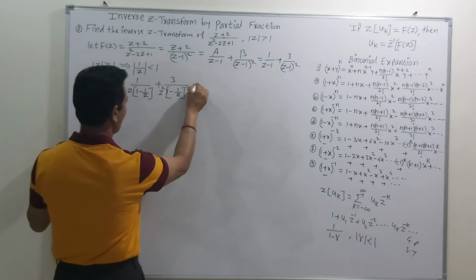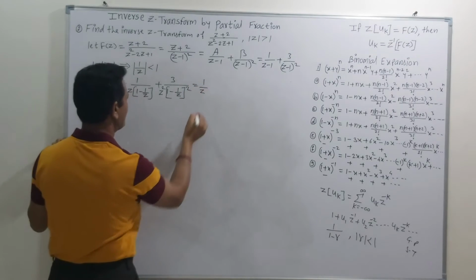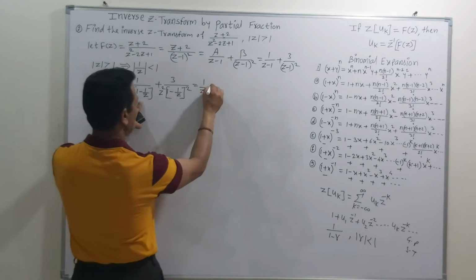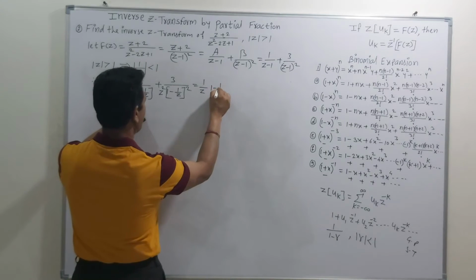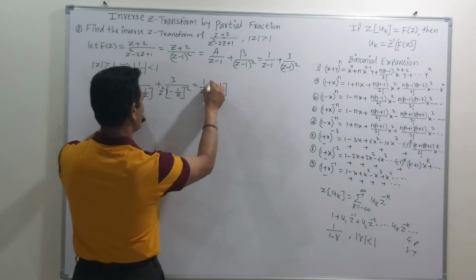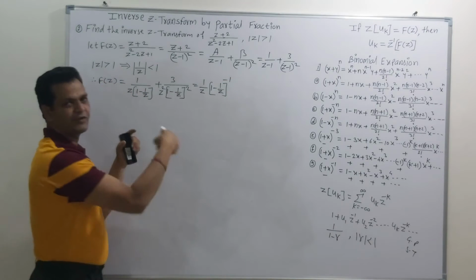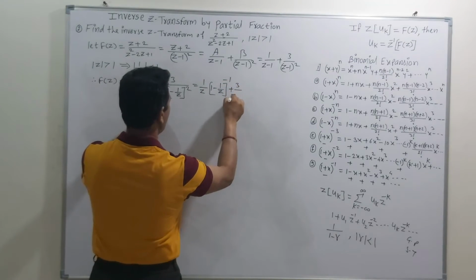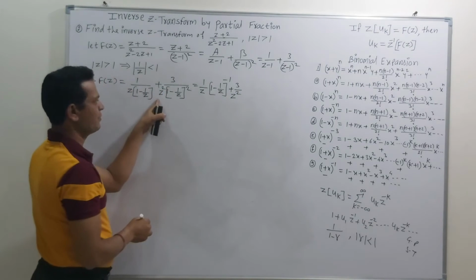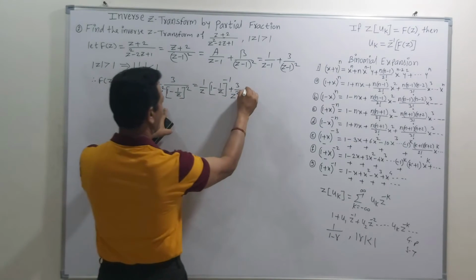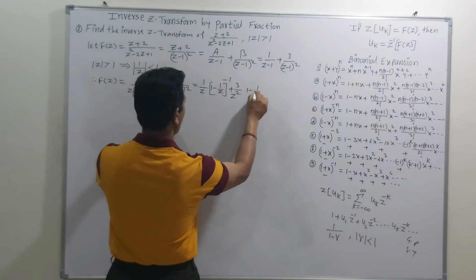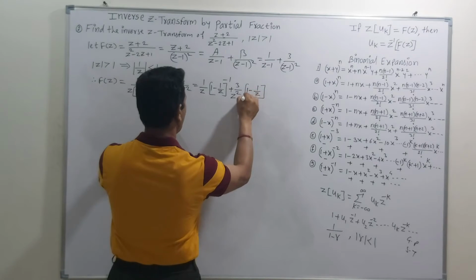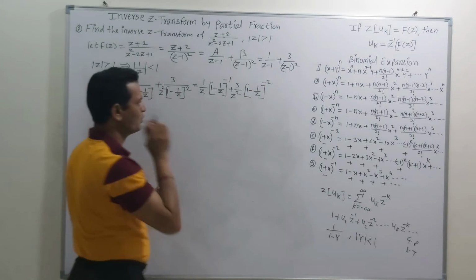Now friends, if we once again simplify this, we get 1 upon z. If we take this in the numerator, then 1 minus 1 upon z is raised to minus 1. Then plus 3 upon z square, and after taking the numerator, we get 1 minus 1 upon z raised to minus 2.